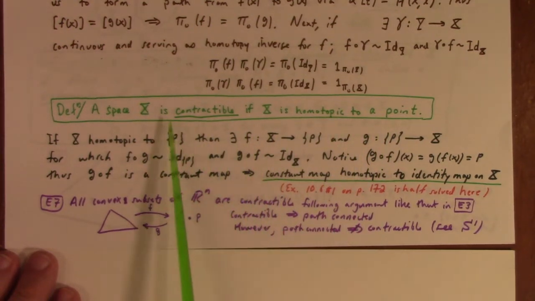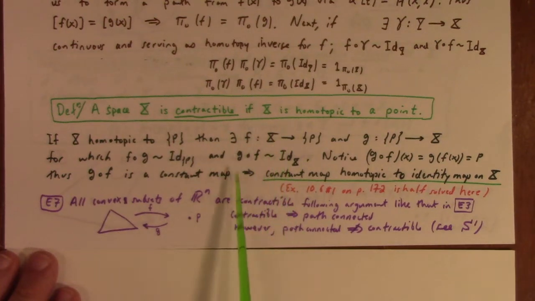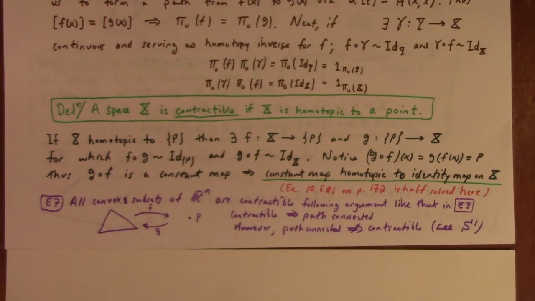And he says in the definition that that's equivalent to saying that the identity map is homotopic to the constant map, right? What's underlined in green is an alternative definition for contractible. And what I've written here is half of the proof of that.